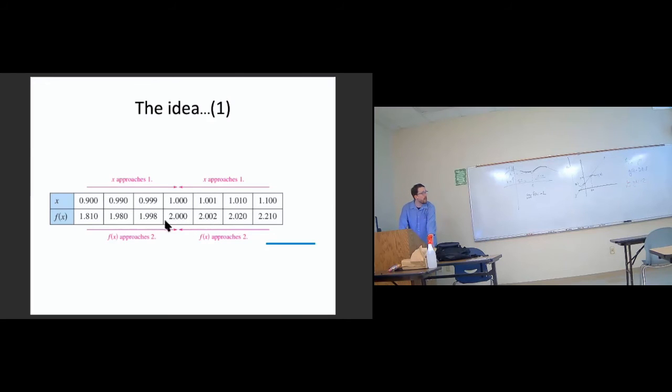Here we can see it gets close to 2, right? So as we approach 1 from the left, and as we approach 1 from the right, our function from the right gets close to 2, and our function from the left gets close to 2. So our limit must be 2 in this first example up here.